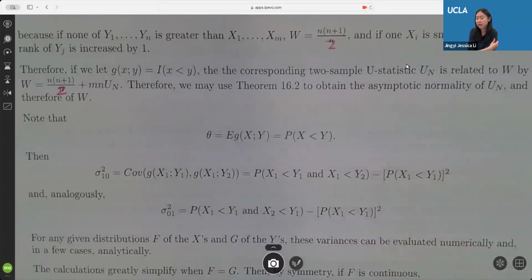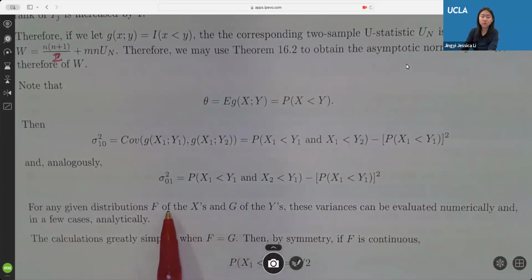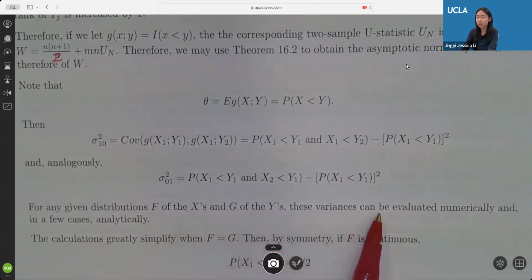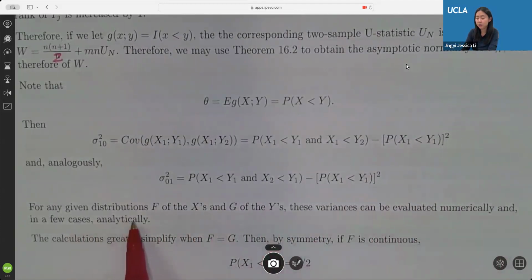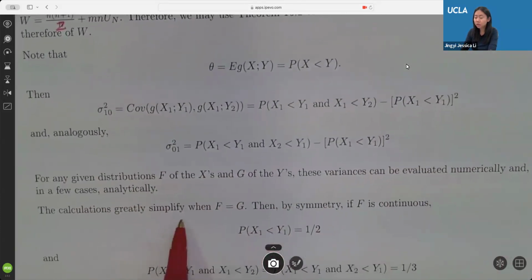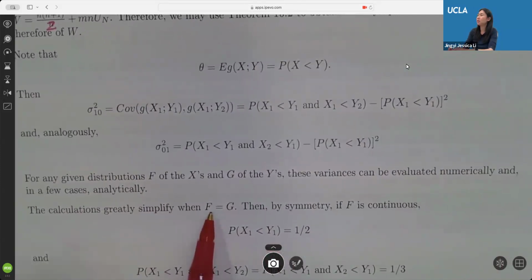And analogously, this is the sigma 0,1 squared. So for any distributions F of X and G of Y, these variances can be evaluated numerically and in a few cases analytically. So under the null hypothesis, that's where the Wilcoxon rank sum test has, right?